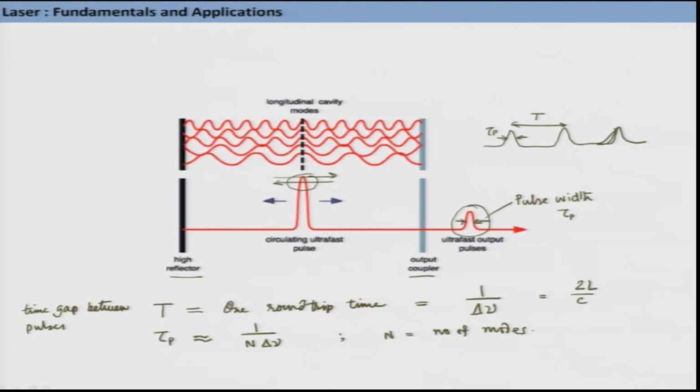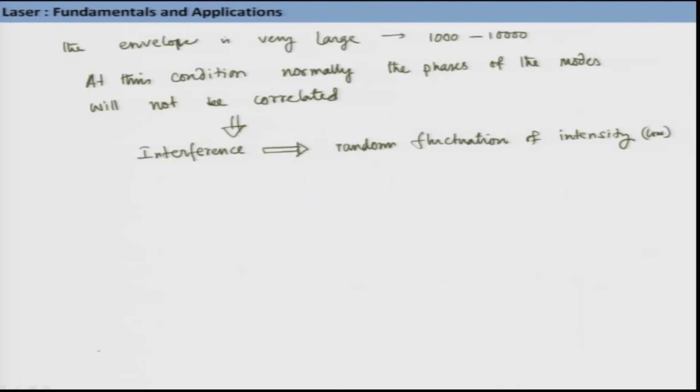So, from this relation, what can we say about the nature of pulses? Let us quickly write that down. T equals 1 by delta nu and tau p equals 1 upon n delta nu.